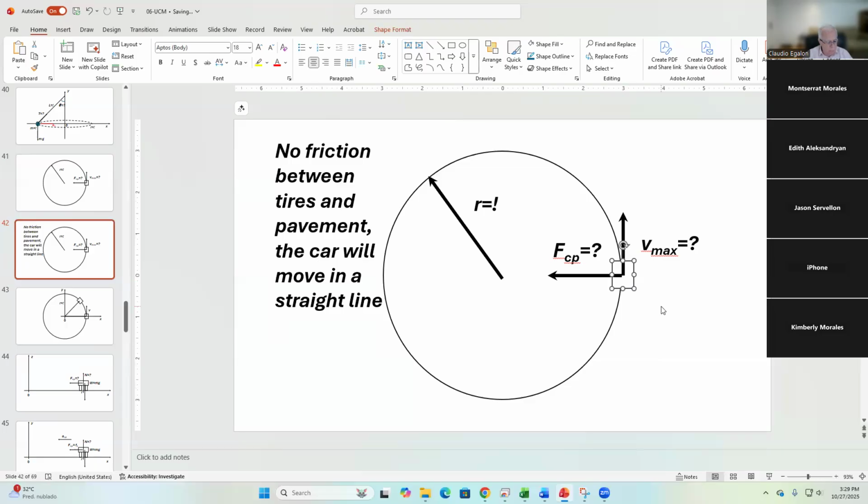So here you go. If the car was initially here, just a little bit later on, with no friction, it will be right in here, and so on. Let me shorten this velocity vector here.